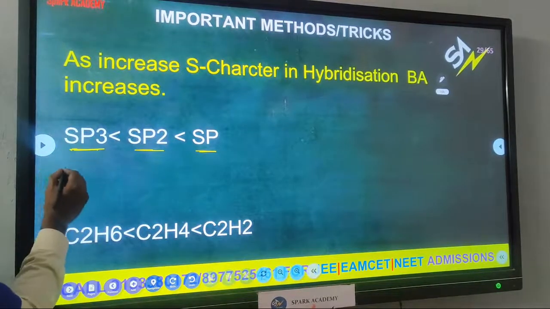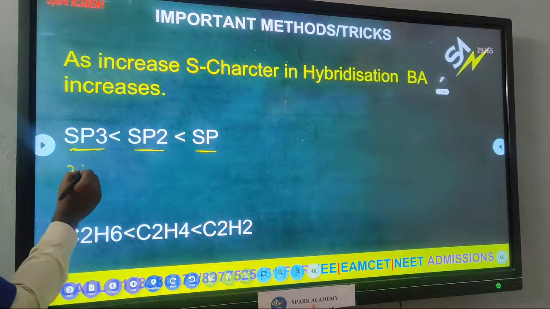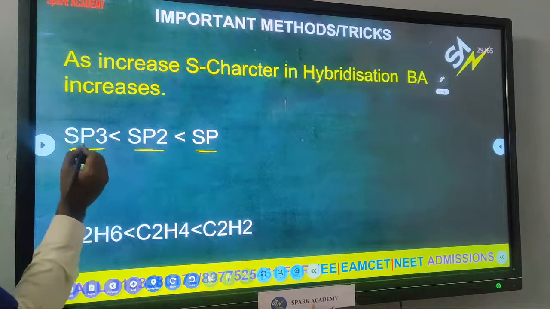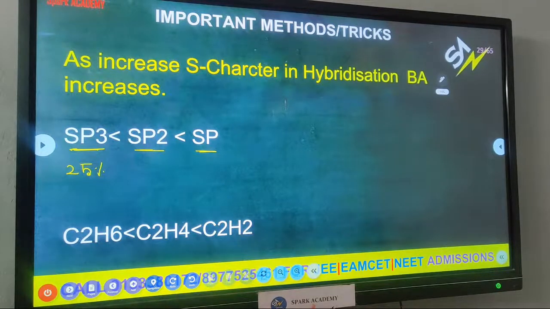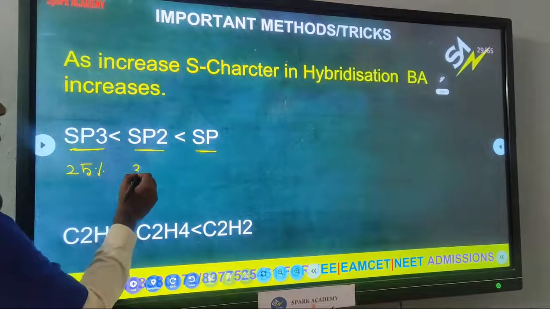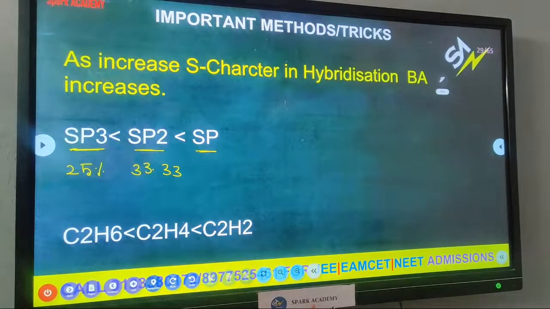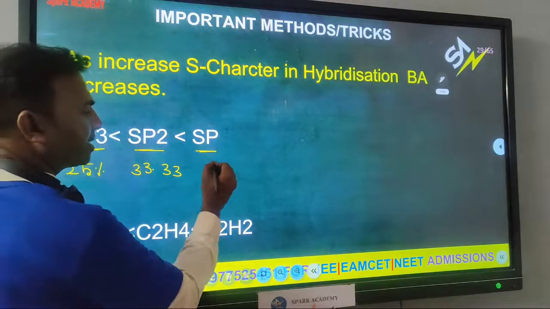In sp3 hybridization, the s character is 25%. In sp2, the s character is 33.33%. In sp, the s percentage is 50.